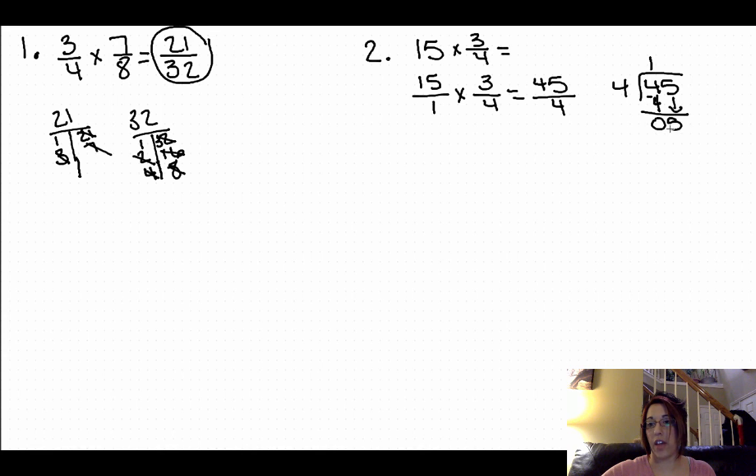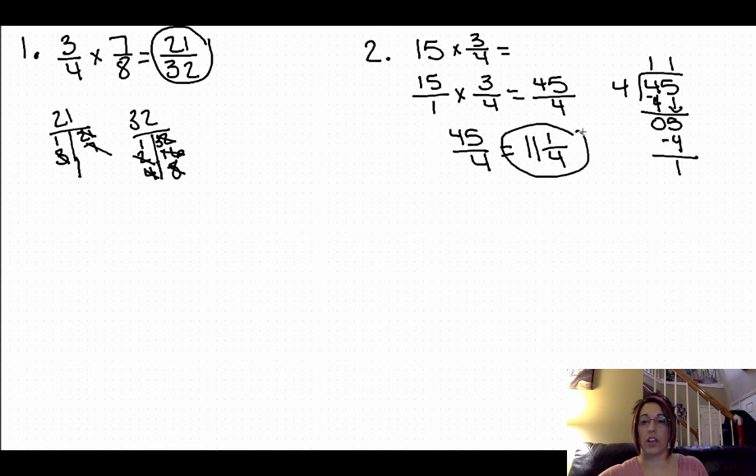Bring down the 5. 4 will go into 5 once. And then we do our loop. So 45/4 equals our whole number 11. 1 is our numerator and 4 is our denominator. 1/4 is the smallest that fraction can go, so we are already simplified.